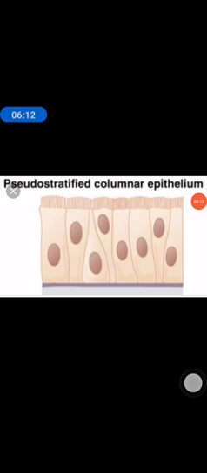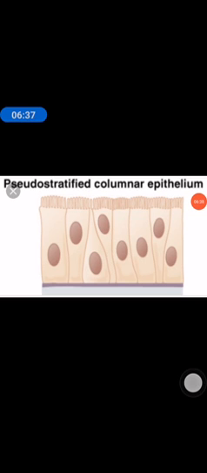Now, what are the distribution of pseudostratified columnar epithelium? Pseudostratified columnar epithelium is found in the lining of male urethra, membranous and penile part, epididymis, ductus deferens, and large excretory duct of gland.